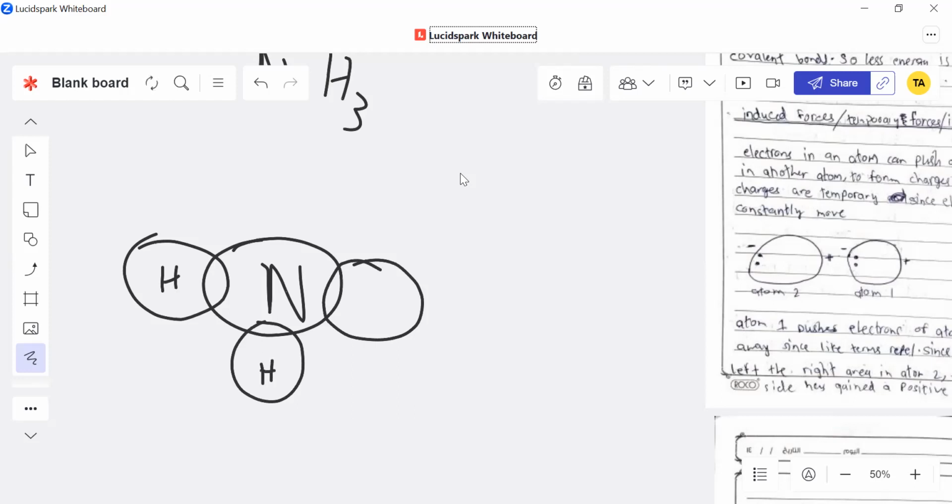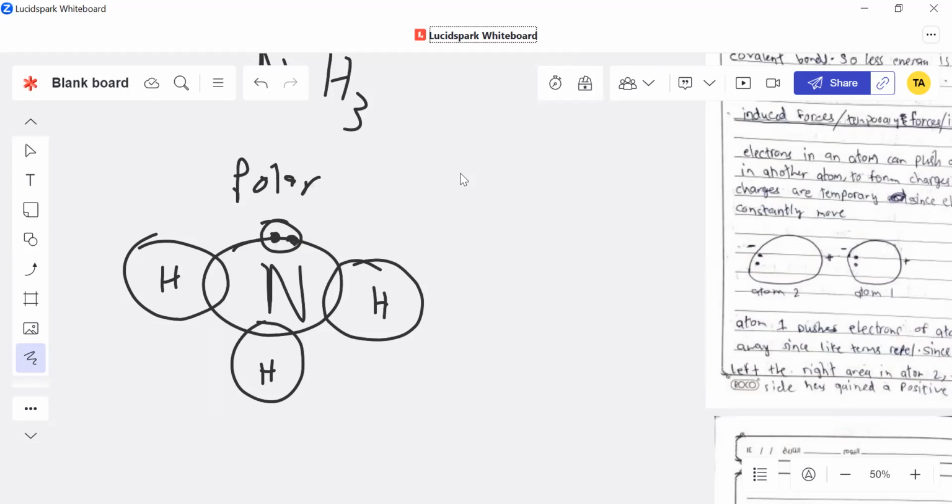NH3 is polar. Why is it polar? Because nitrogen has a lone pair. Because of this lone pair at the center, around these hydrogens, the lone pair will make it polar.